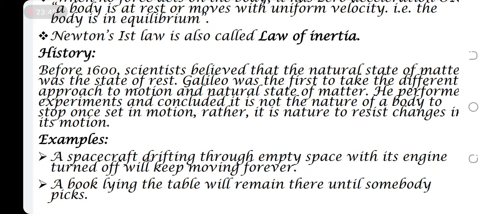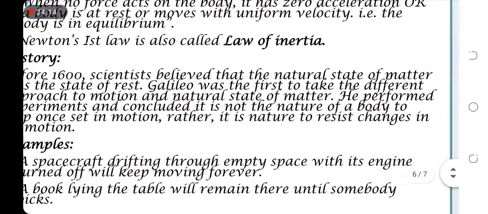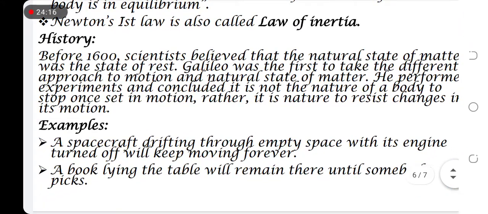Galileo was the first to take a different approach to motion and the natural state of matter. He performed many experiments and concluded that it is not the nature of a body to stop once set in motion, rather it is the nature to resist changes in its motion.